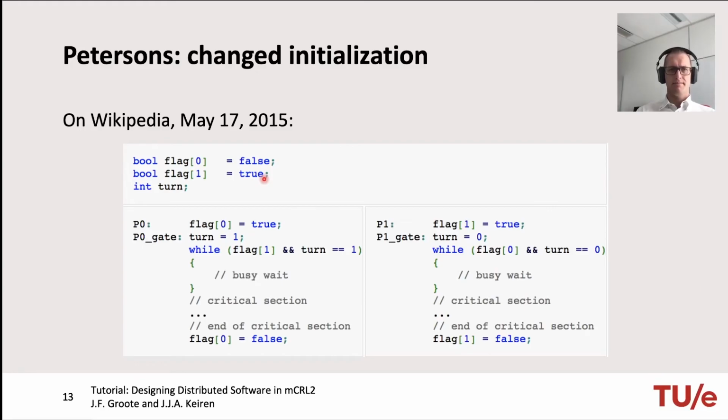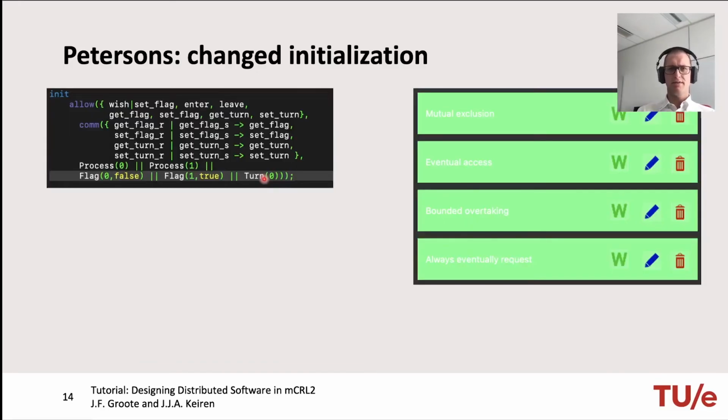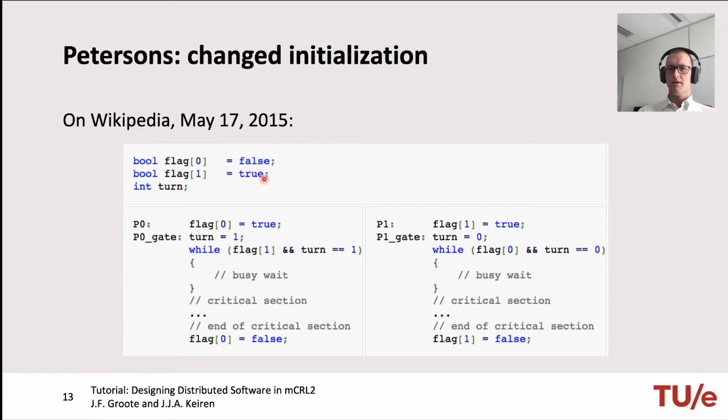And it turns out that if we verify this, all of the properties that we verified so far still hold. But there is a clear and crucial difference between these two algorithms. So if we look at this initialization, think about what happens if now process 1 wants access to its critical section.